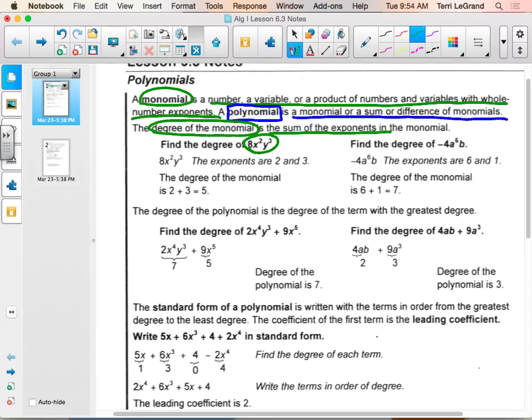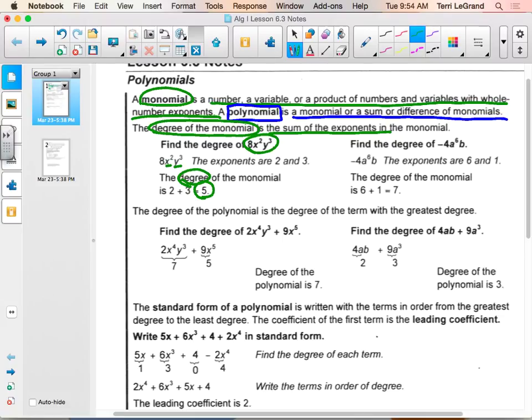It's a monomial. So when we're asked to find the degree, we're going to look at the exponents on the variable factors only. We have an x squared, we have a y cubed, the exponents are 2 and 3. So we would say that the degree is 5. 2 plus 3, this is a degree 5 monomial.